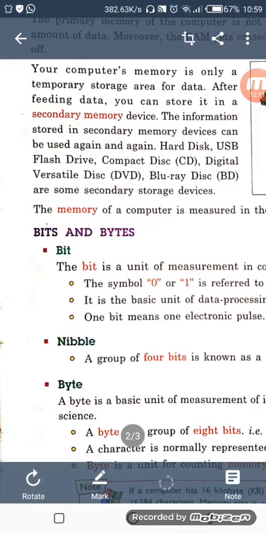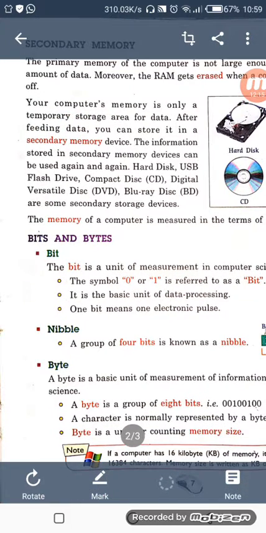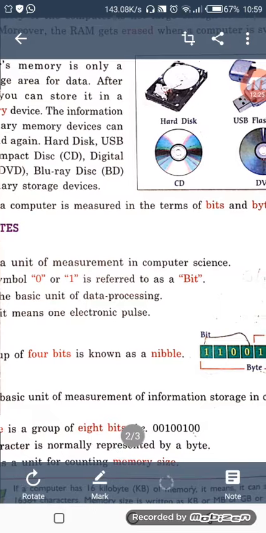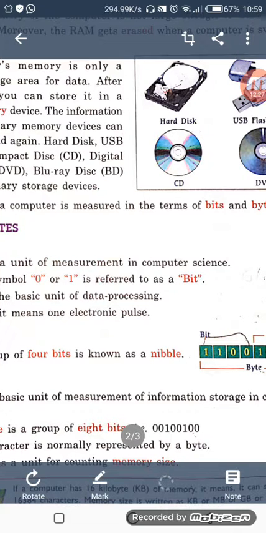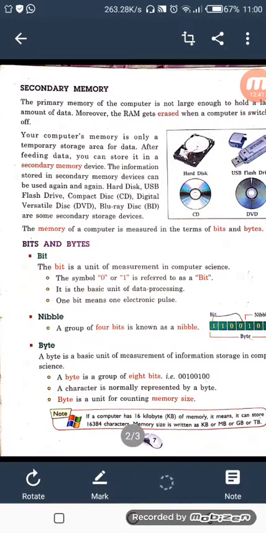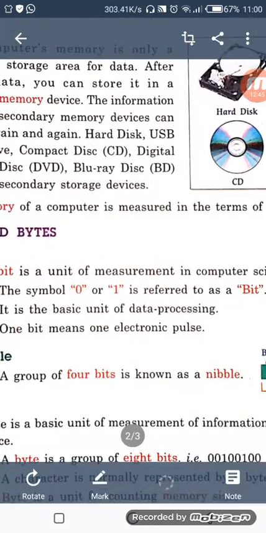Now I told you we will study how the memory of a computer is measured. We measure milk in kiloliters, liters. In the same way, we also measure our memory in terms of bits and bytes.